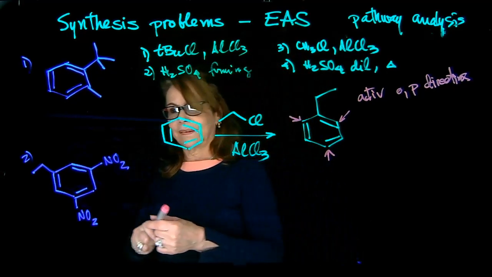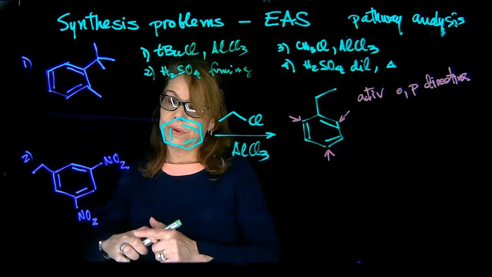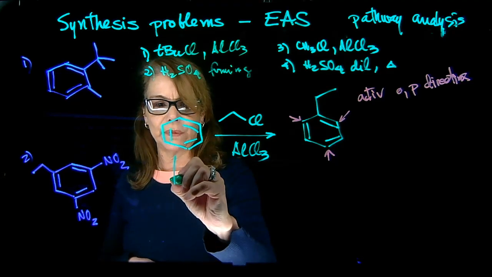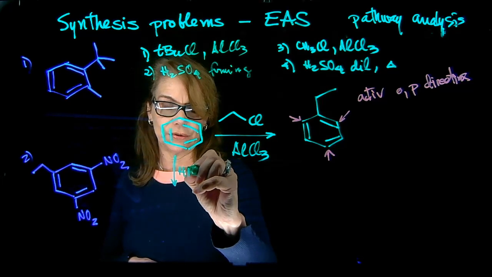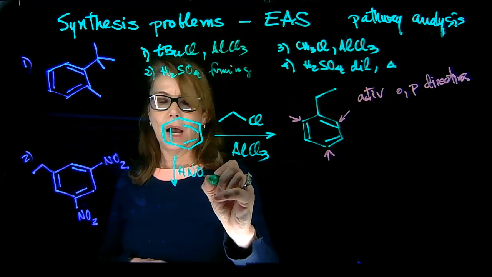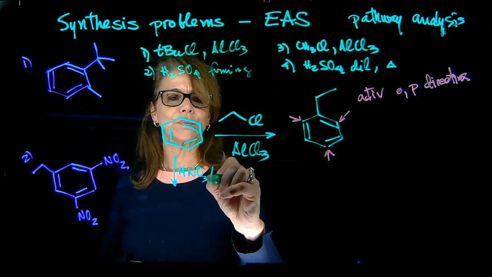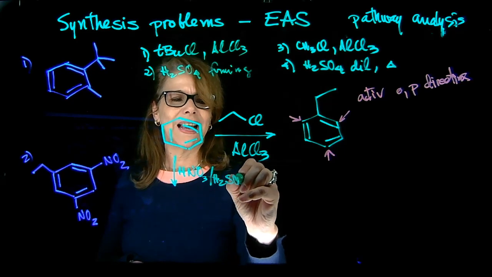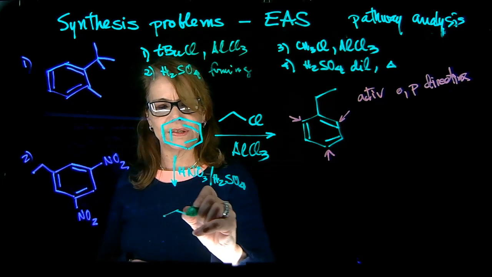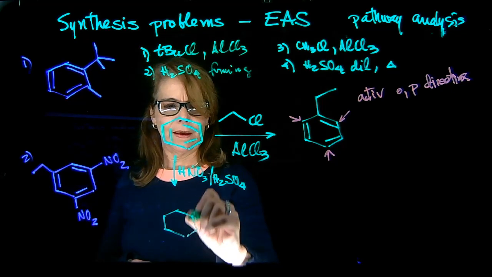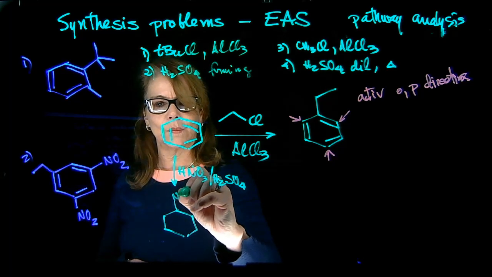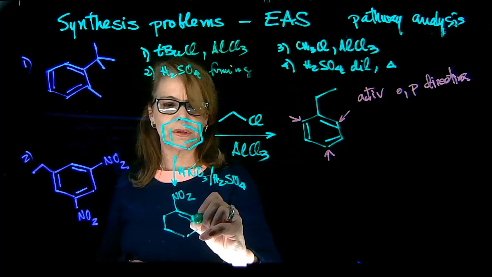Also, I cannot start from doing the nitration. If from this point you did a nitration, there is another problem that we're going to have. Let's see that we do this. If we do one first nitration, then we can install one.